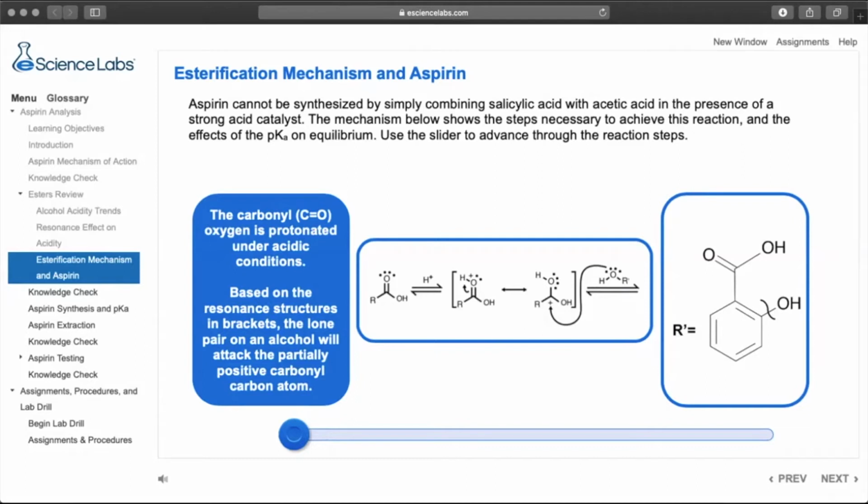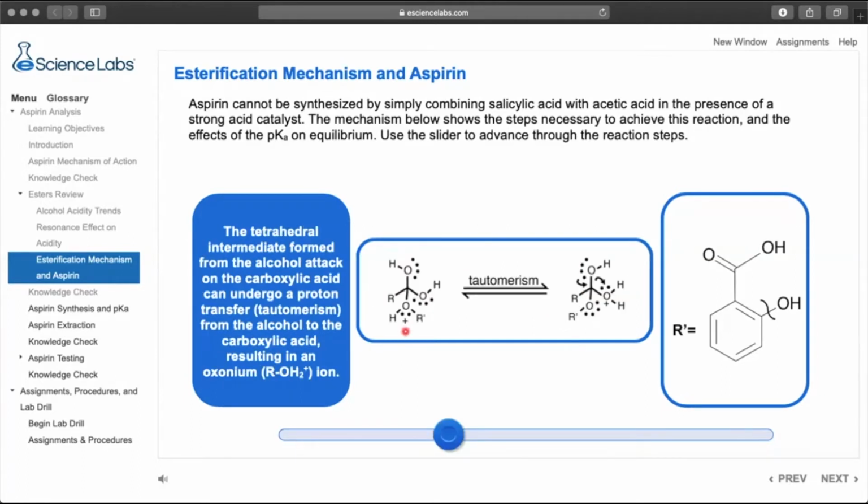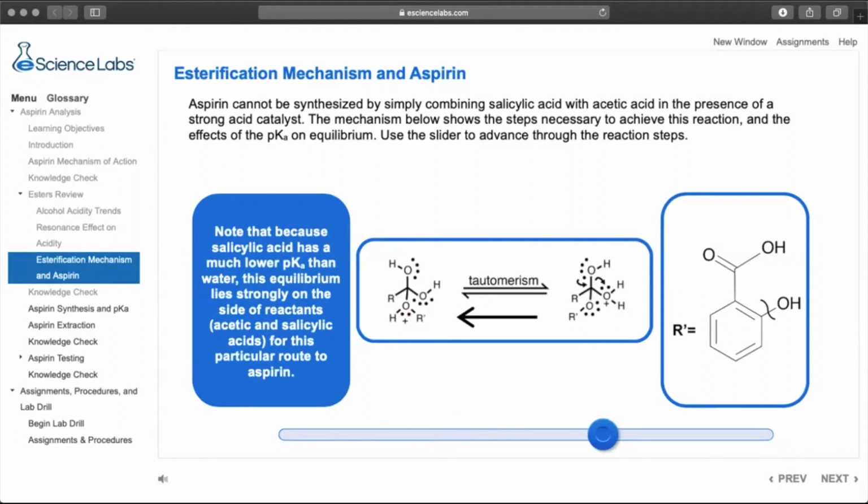The first step of this reaction is to protonate the carbonyl oxygen under acidic conditions. Then the lone pair on the alcohol will attack the positively charged carbonyl carbon to form a tetrahedral intermediate. This intermediate will then undergo a proton transfer from the alcohol to the carboxylic acid, forming an oxonium ion. It is important to compare pKa here.